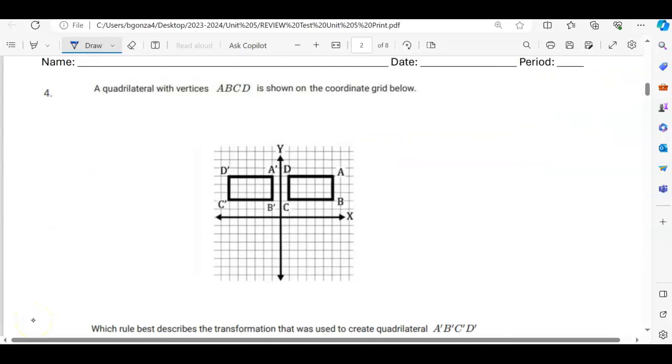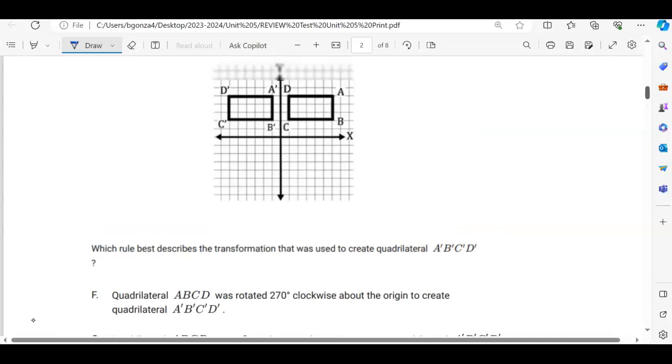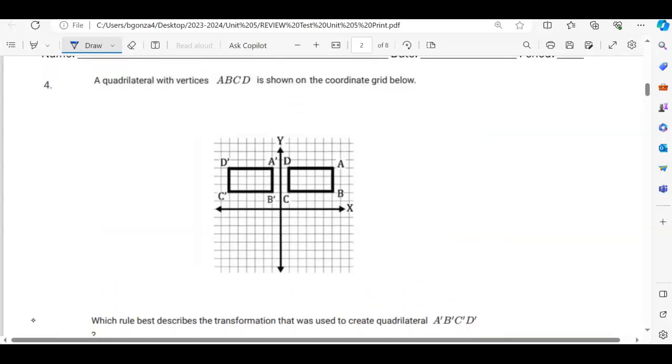All right, number 4. Quadrilateral vertices A, B, C, D is shown on the coordinate grid. What is the rule for A prime, B prime, C prime, D prime?